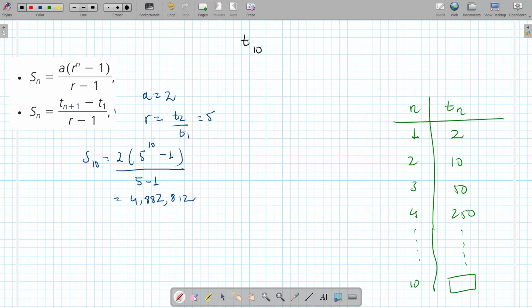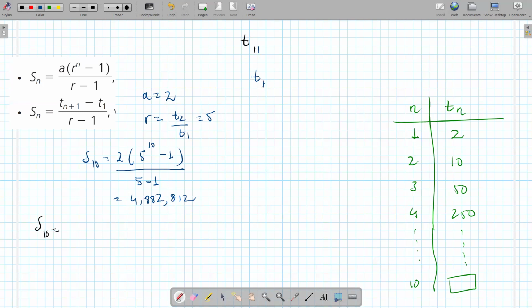In fact, you need to find your T11, because although the question is asking us for S10, this formula uses one step above. So even though we're looking at the first 10 terms, Tn plus 1 here represents T11. So step 1, you're going to find this.